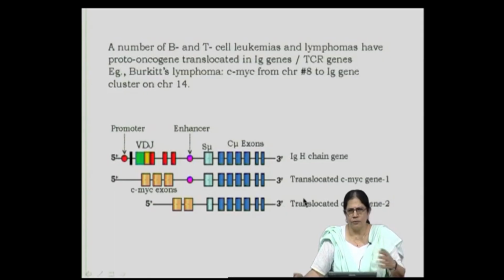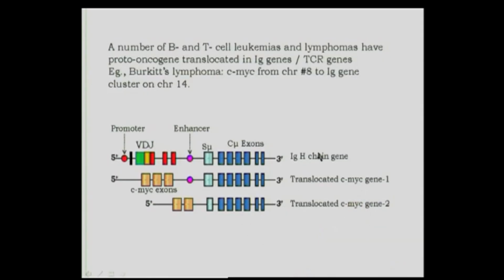Now, there are different conditions, two of which are being depicted here. You have the c-MYC exons, c-MYC which comes from chromosome 8, translocated just before the enhancer, and therefore, now you have extremely high expression of c-MYC. These are translocations of c-MYC with respect to gene 1 and gene 2.